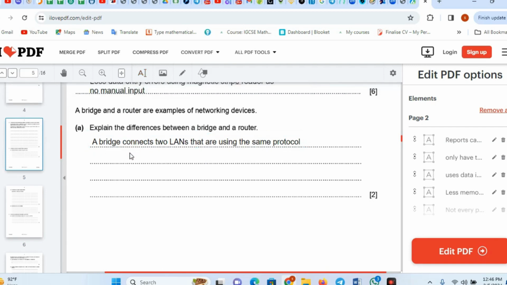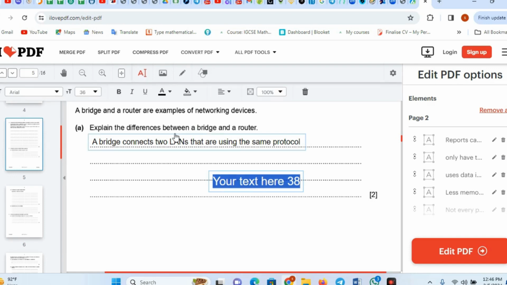Okay. So the second one is that a bridge, just like the bridge you have in your streets that you can use to cross over a lane or a highway to the other side. A bridge also, you use it to join.